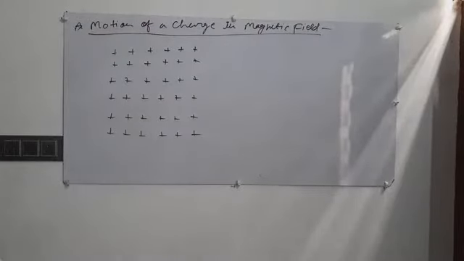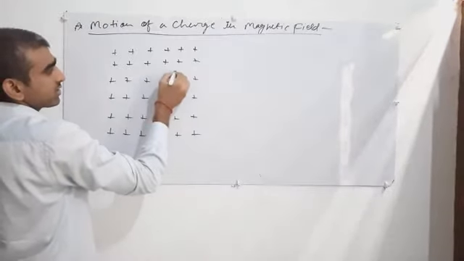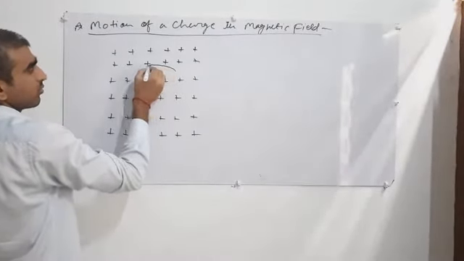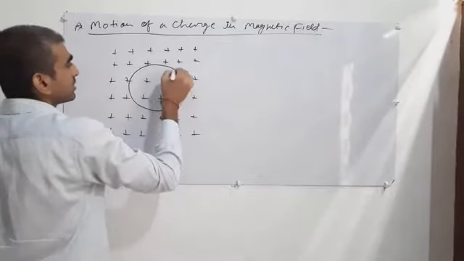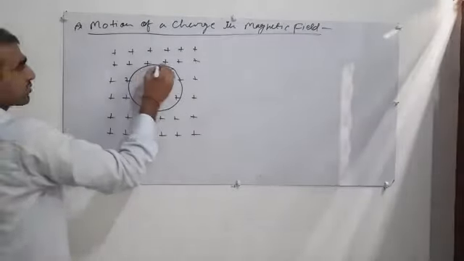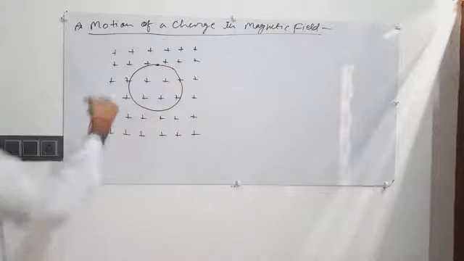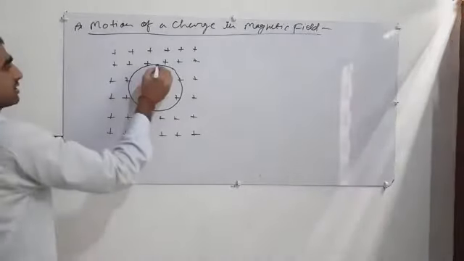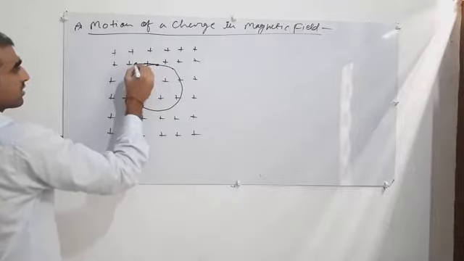Okay, now we take our charge Q, which is in motion in a magnetic field in a circular way. When it moves in a circular way, that means at this point the direction of motion of charge is like this.